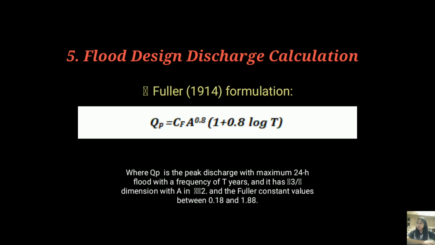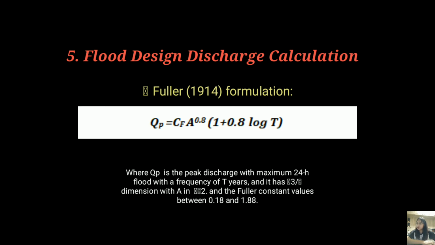And the last formulation is the Fuller from 1914. This is also an empirical formula, which relates the peak discharge to the drainage basin area and also includes the flood frequency. It was developed for typical USA drainage basins.